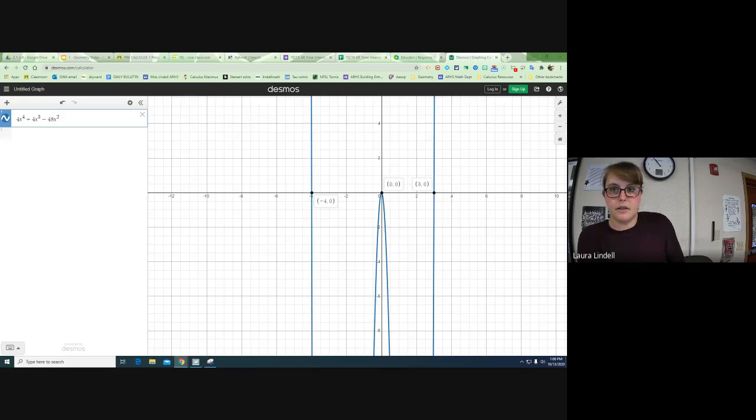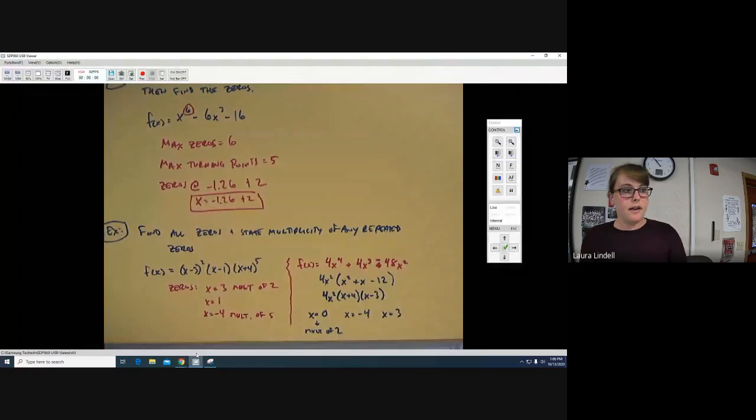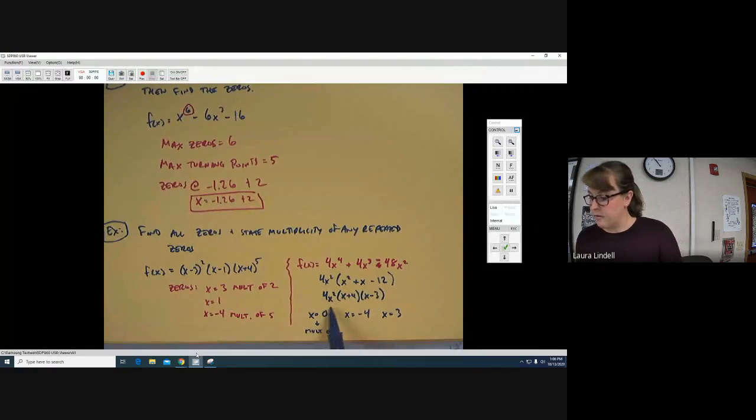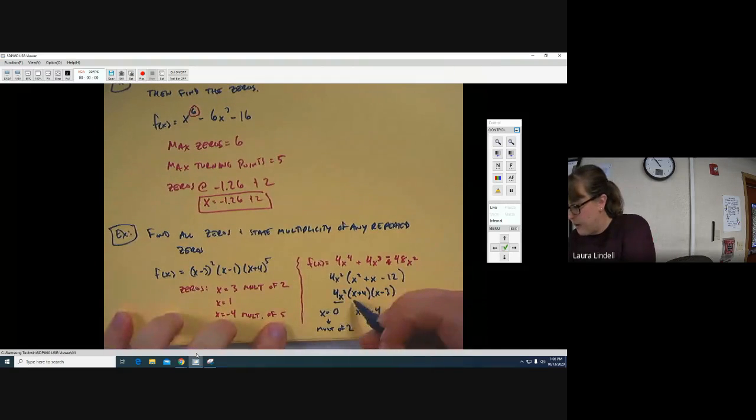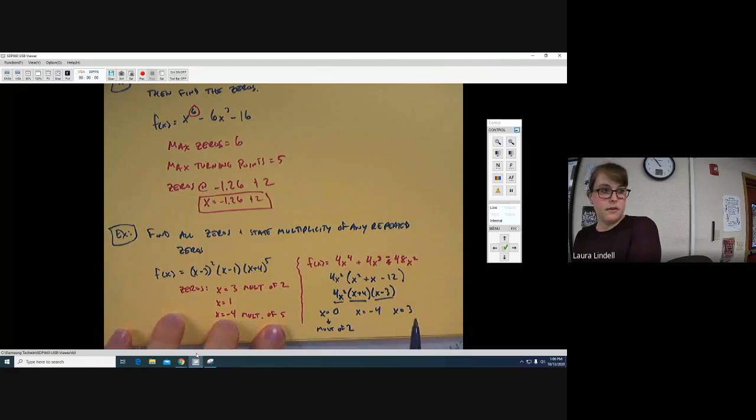Any questions at this point? Did the 0 come from the 4x squared? Yes, it did. That was what we had factored out. And when you factor out something that has a variable in it like that, it does affect the zeros. So to find your zeros for each of these, you would set each of these terms individually equal to 0.